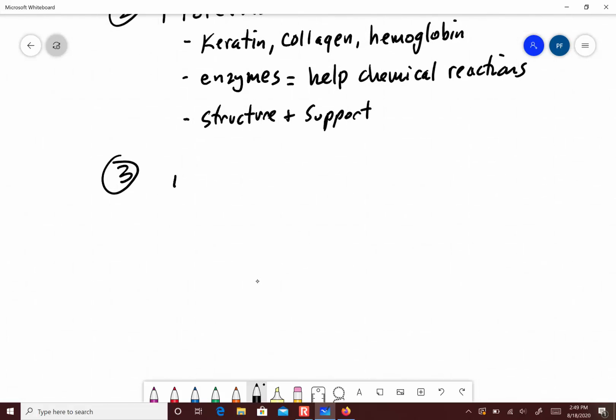Okay, number 3 are lipids. Right, so the lipids are things like fats, oils, and waxes. So fats, oils, waxes. Fat, for real, like fat tissue in your body, has lipids.